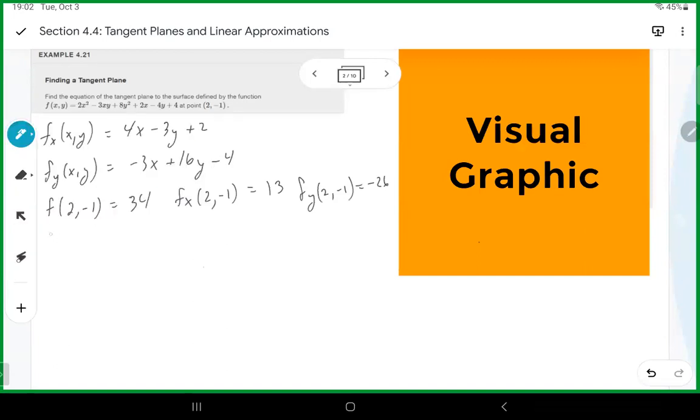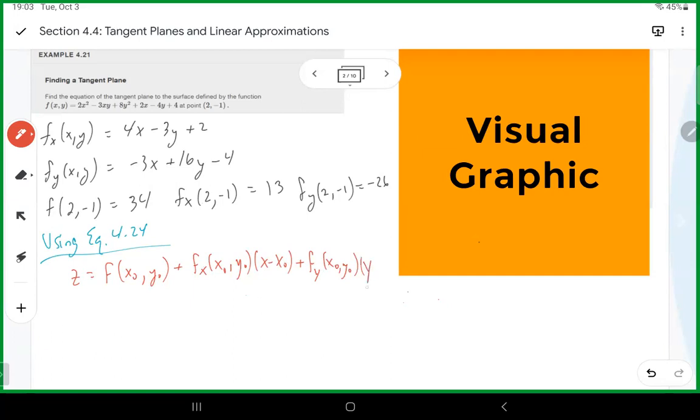Using equation 4.24, we get z equals f of x sub 0, y sub 0 plus f sub x of x sub 0, y sub 0 times x minus x sub 0 plus f sub y. So we're just gonna plug everything in.